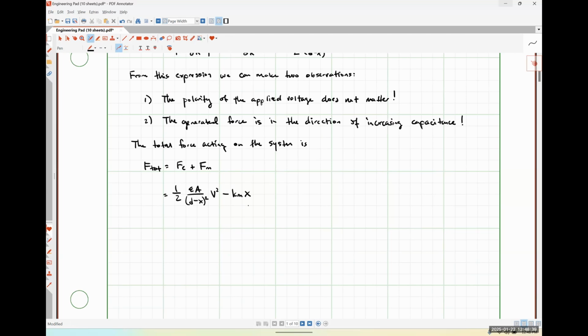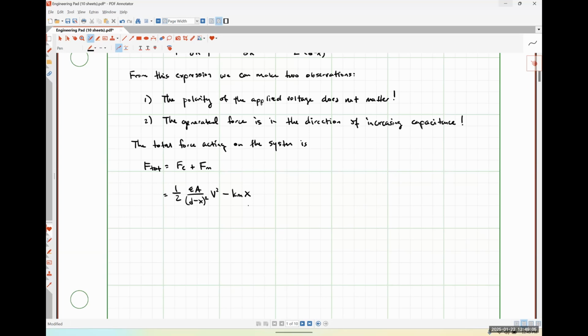So this expression actually gives us an interesting result. Our restorative force is linearly dependent on X, but our electrostatic force is dependent on X squared. So this means that these two forces are going to eventually grow to a point to where one is going to be dominant over the other one, right?